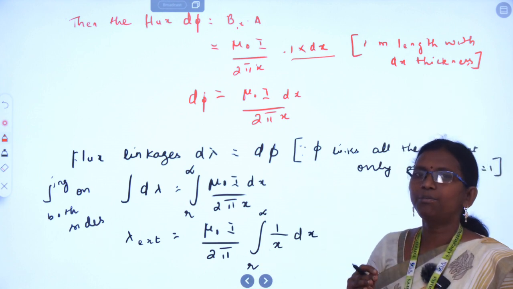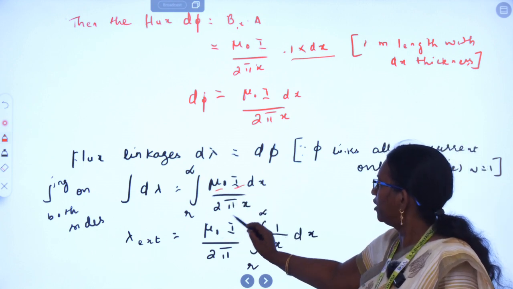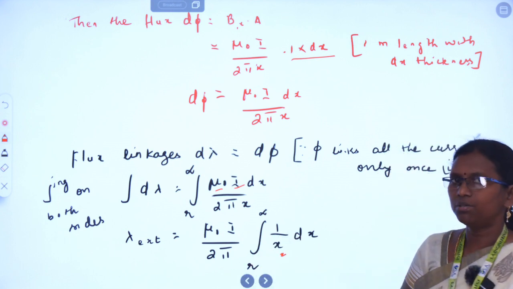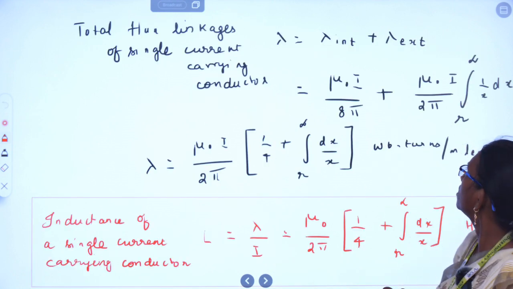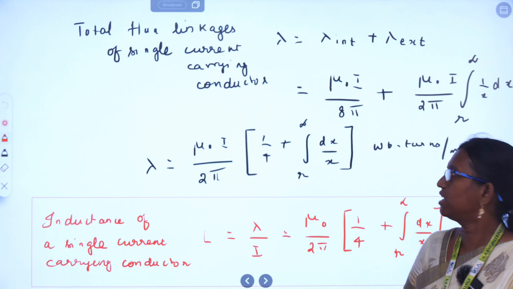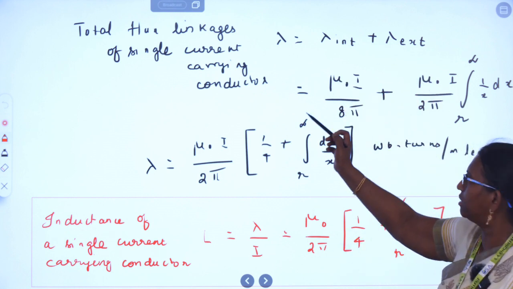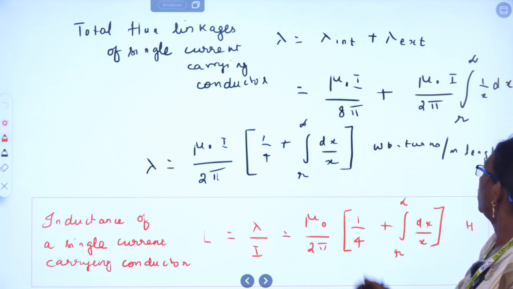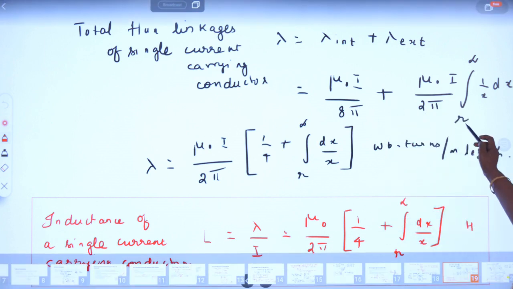Either it can be up to a particular distance d. Here, μ0 I and 2π are constants and can be taken out, and x is the only parameter getting integrated, so the total can be given as λ equal to λ internal plus λ external. The λ internal value is μ0 I divided by 8π, plus μ0 I divided by 2π times the integration from r to infinity of 1 by x dx.